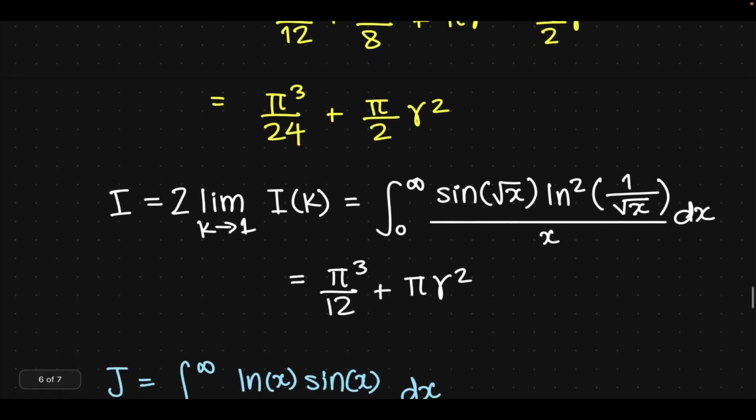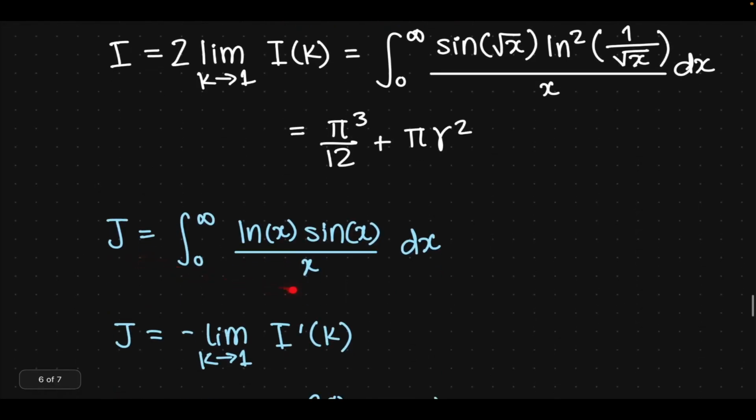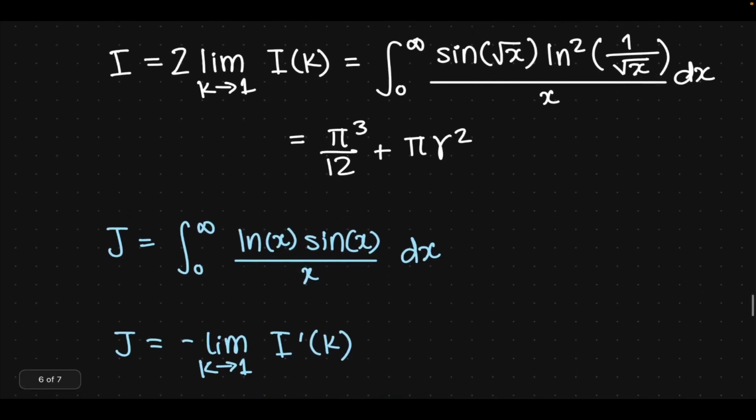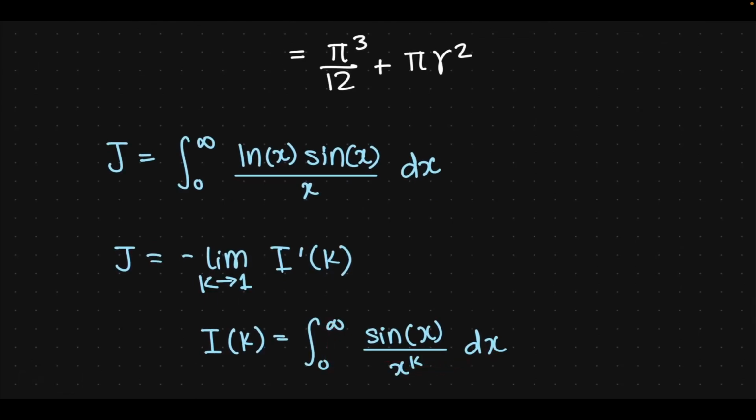Now, for those of you who don't know what I was talking about, here's the integral, the borderline divergence integral, as it's called on my integrals playlist: J equals integral 0 to infinity ln x sine x over x dx. Now, if you remember, I of k was integral 0 to infinity sine of x over x to the k dx. We noticed that if we take the derivative of I of k, so I prime of k with the minus sign, and we take the limit as k goes to 1, we're actually going to get this J.